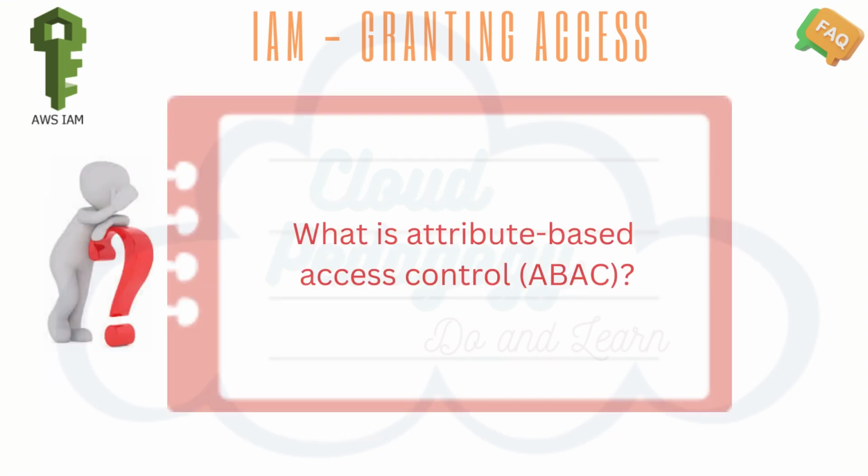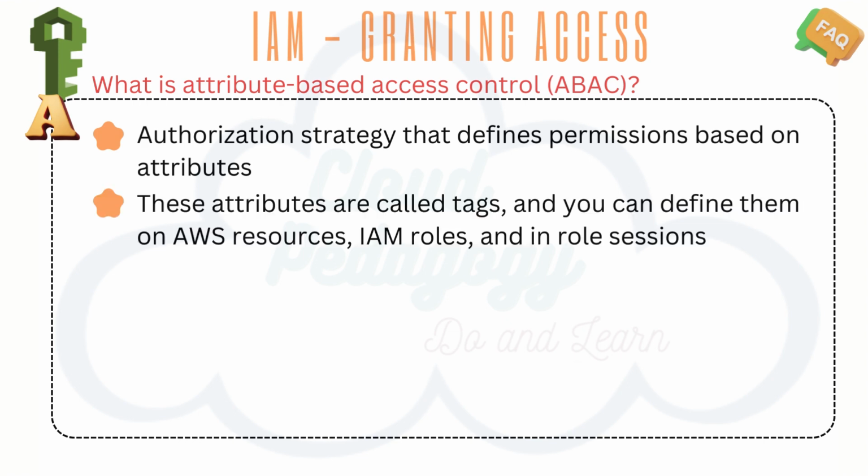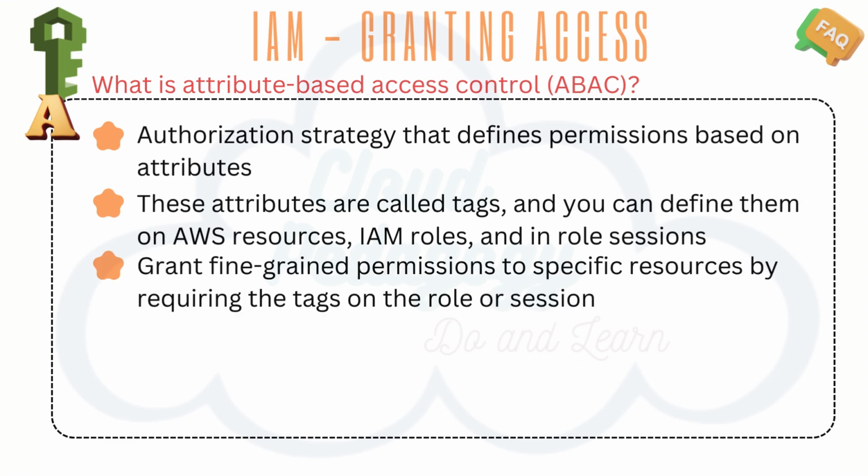Next, what is attribute-based access control, which is ABAC? ABAC is an authorization strategy that defines permissions based on attributes. In AWS, these attributes are called tags, and you can define them on AWS resources, IAM roles, and in-role sessions. With ABAC, you can define a set of permissions based on the value of a tag.